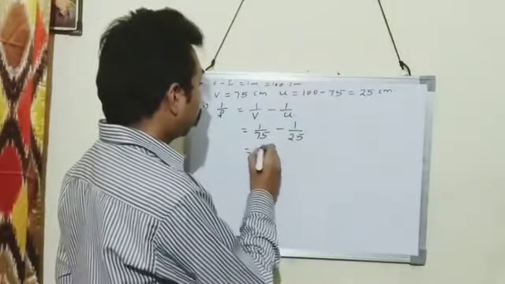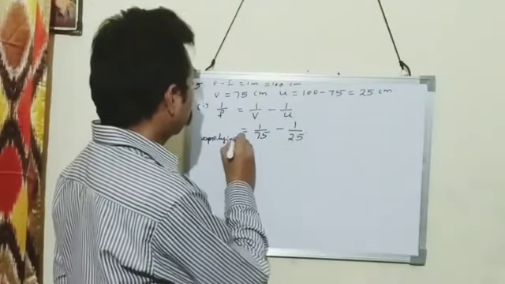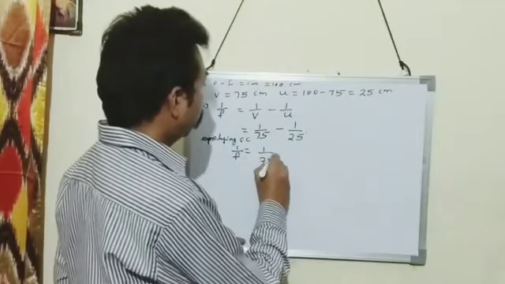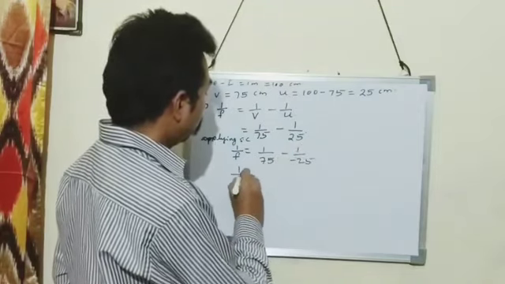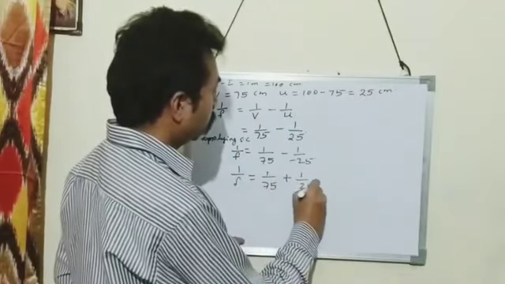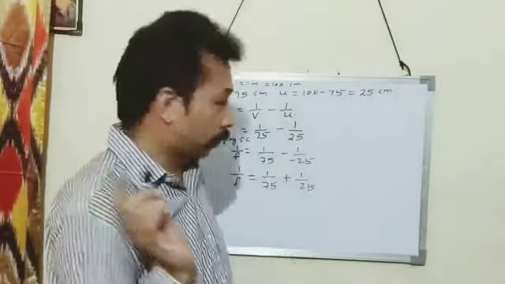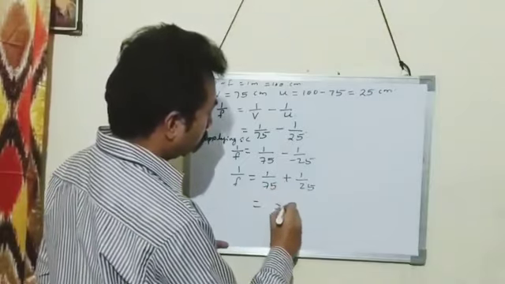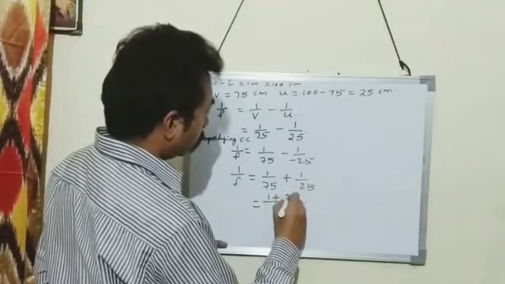So after applying the sign convention, 1 by f is equal to 1 by 75 minus 1 by minus 25. So that is 1 by f equal to 1 by 75 plus 1 by 25. In case of object distance, when we apply sign convention, there is always a negative sign. So now we take the LCM of 75 and 25, that is 75, 1 plus 3.